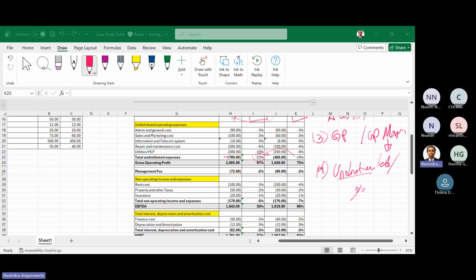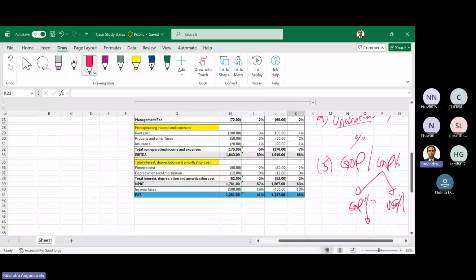It's a combined effect of the GP margin moving down as well as the undistributed expenses percentage moving up. And therefore, the GOP margin is dropping.